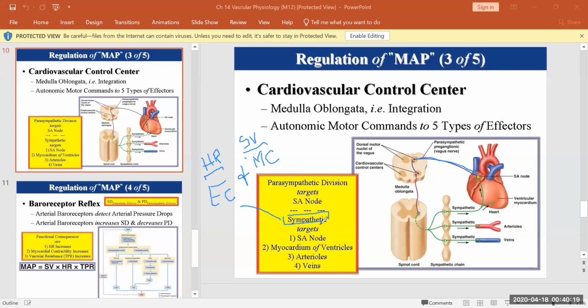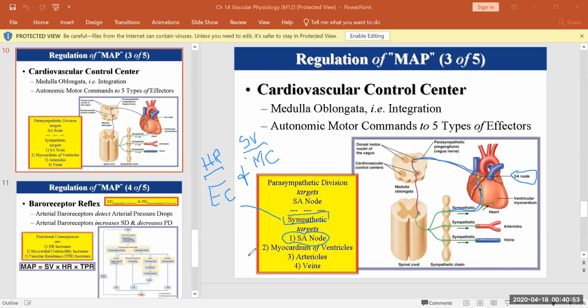The sympathetic division can affect HR because it also targets the SA node. So if you look closely here, that green line goes to the yellow dot, the SA node. Okay, so the sympathetic division can increase the heart rate. The parasympathetic decreases the heart rate, but the sympathetic hikes up the heart rate, right?